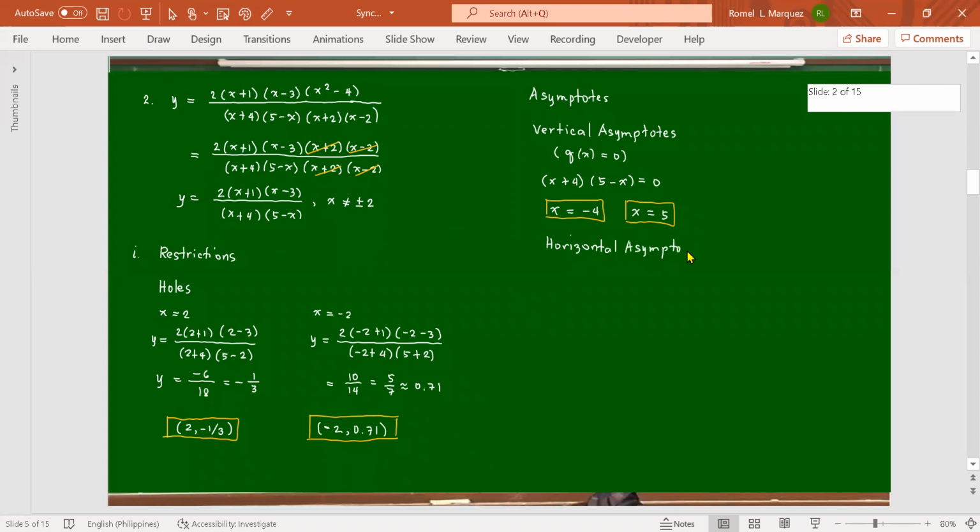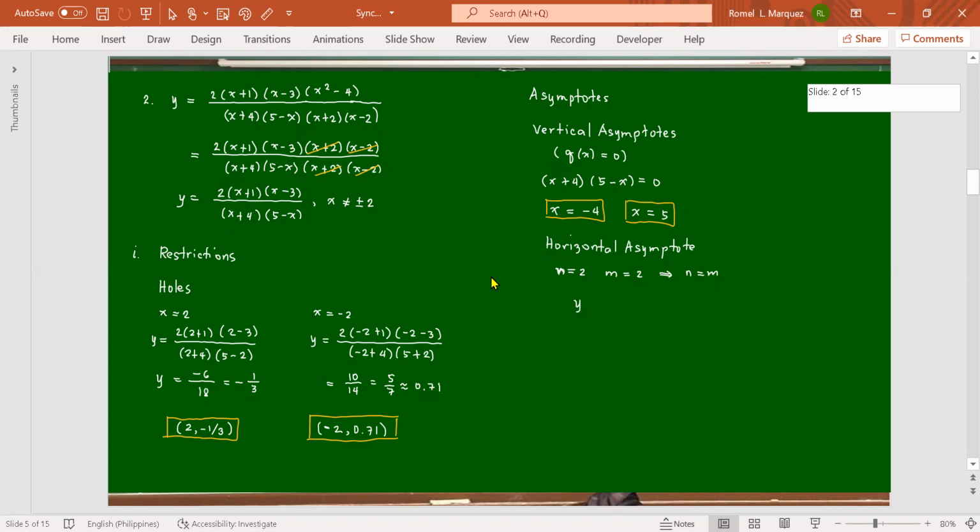If you expand, the highest exponent is 2. So n is 2. What about m? 2 also, no? Therefore, we have m equals n. So, it means there is a horizontal asymptote.